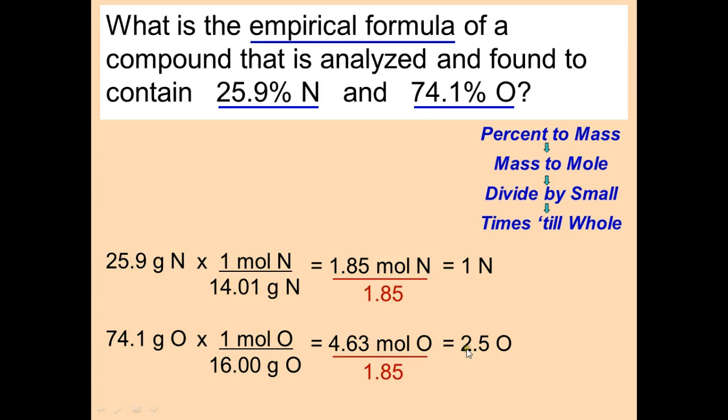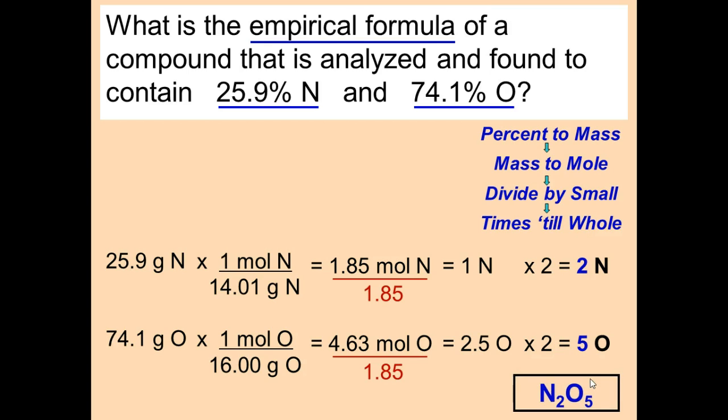If you remember, 0.5 is the same thing as 1/2. So if we multiply 1/2 times 2, we'll get a whole number. And so we multiply both of these by 2, so that 0.5 goes away, and we get 5 oxygen and 2 nitrogen. And this becomes the empirical formula, and that is it. So we have dinitrogen pentaoxide.